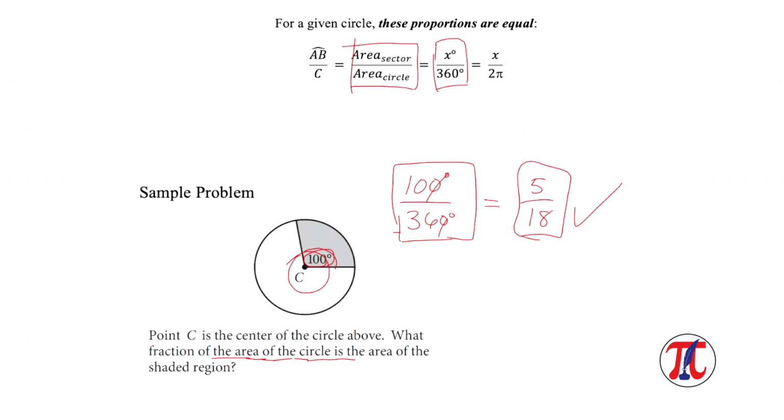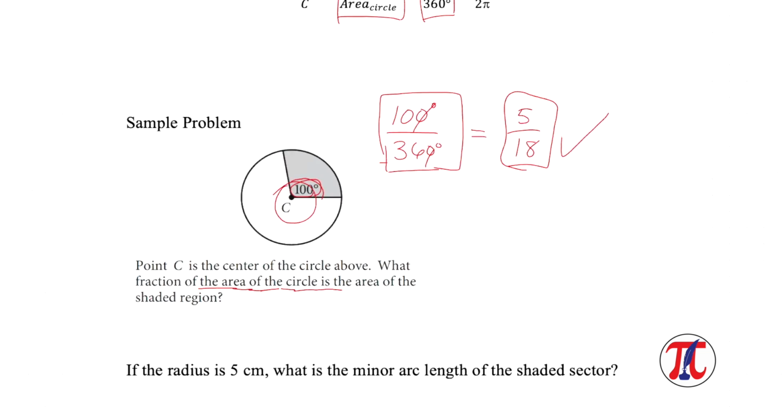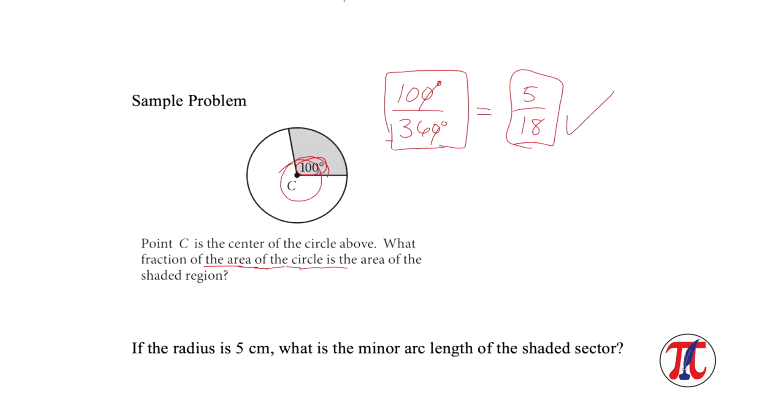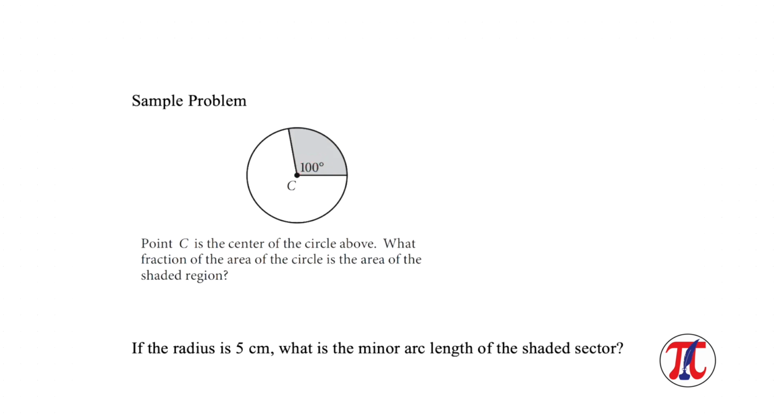Here's another problem that we had come up with. If the radius is 5 centimeters, what is the minor arc length of the shaded sector? Minor arc length means the small arc length of the shaded section here.